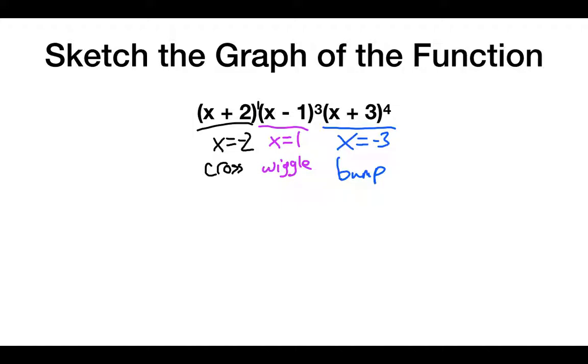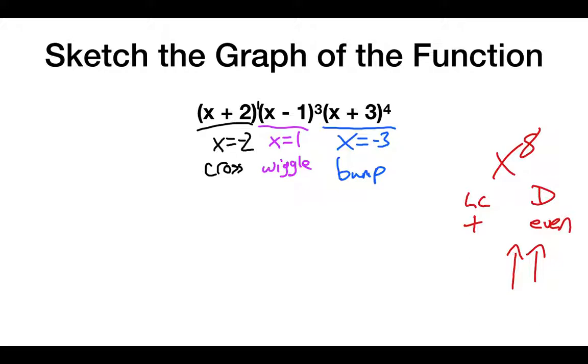Now, I need to go over to the side. This is going to end up being, since they're all x to the 1 plus 3 plus 4 is 8. So, leading coefficient is positive, and the degree is even, meaning up and up.